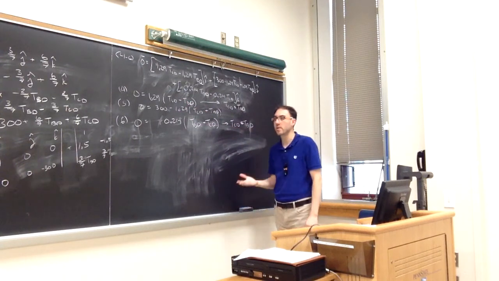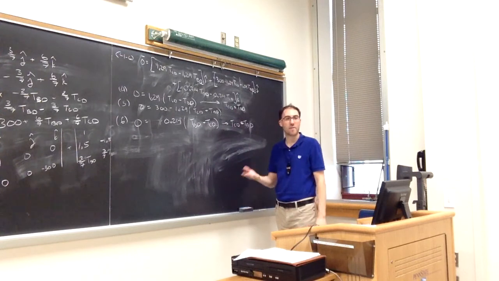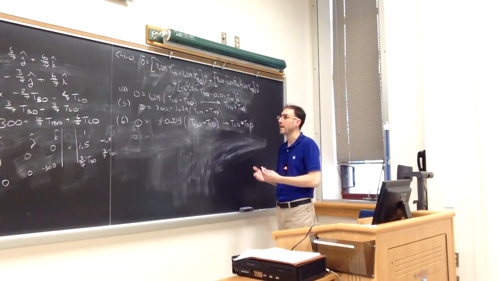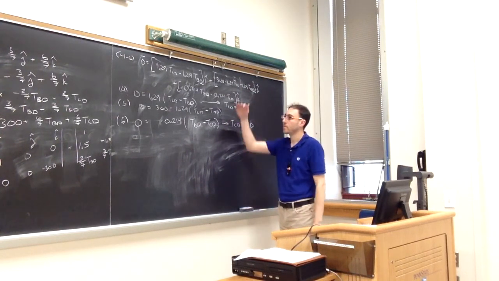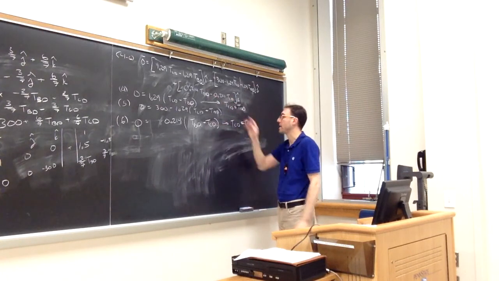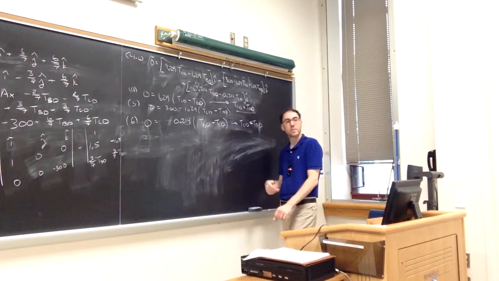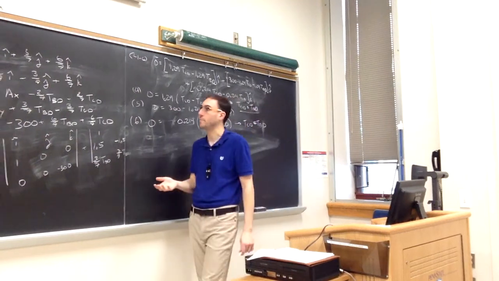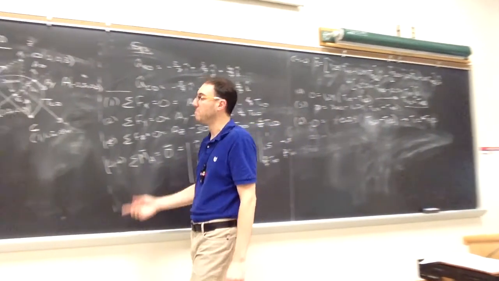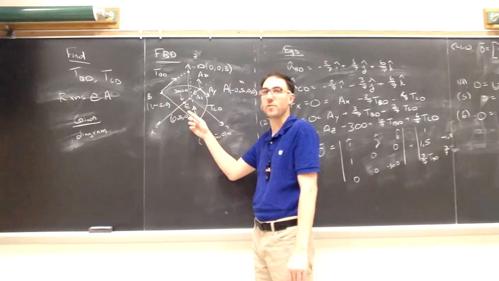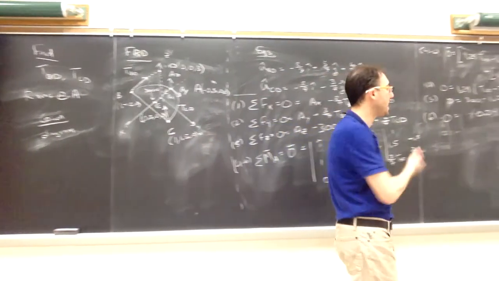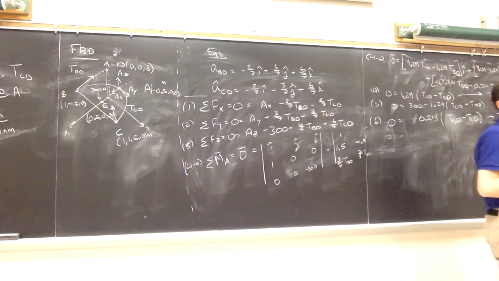So I have 5 linearly independent equations, and I have 5 unknowns. So my system is solvable in that way. Solving equation 4 or equation 6 gives me the same information. TCD does equal TBD, which just by inspection, looking at symmetry, I knew that was true. But now mathematically, it's showing me the same thing.